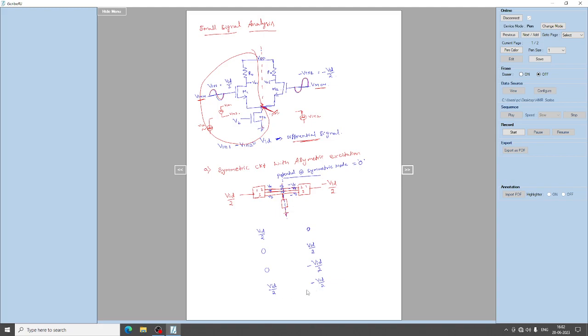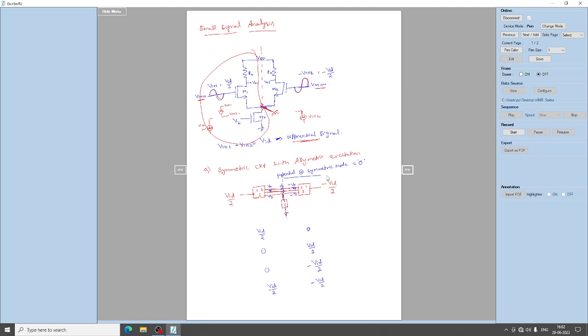So if I give both the inputs, then the potential at this symmetric node, not at the individual nodes, happens to be Vx plus minus Vx, which is 0.